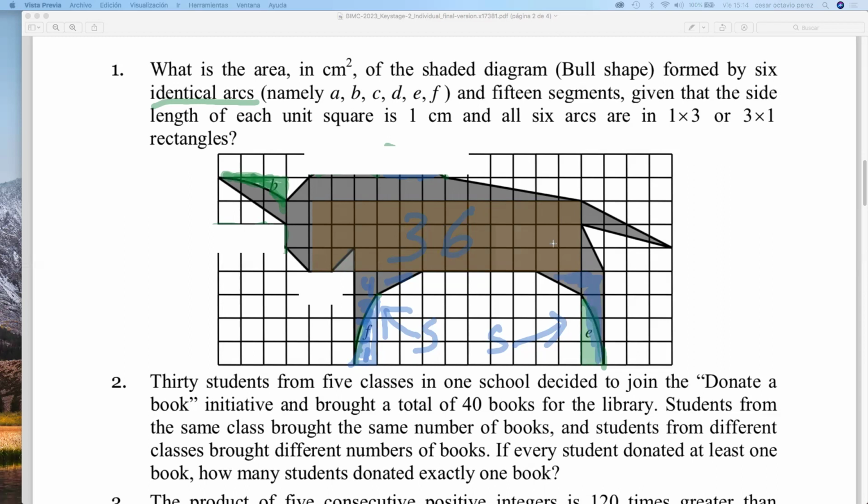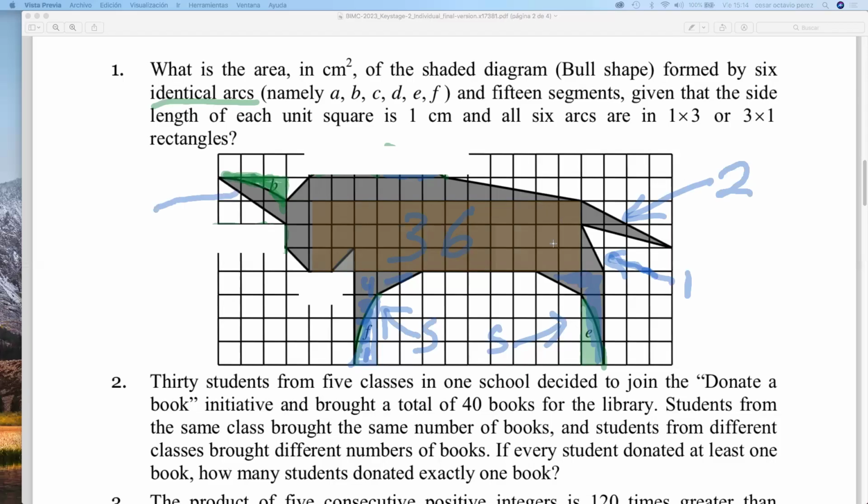Okay. We will have this as 1. And what is the area of this one? It's 2. Okay.